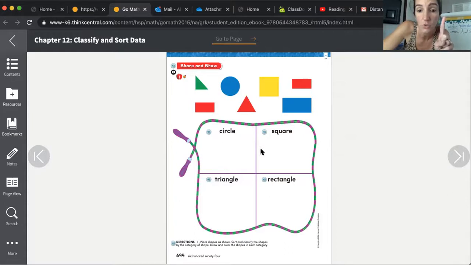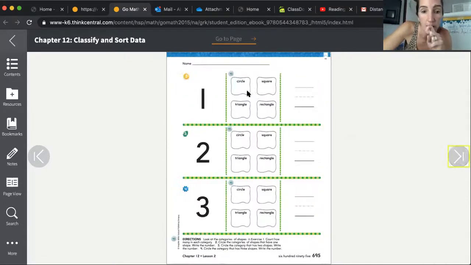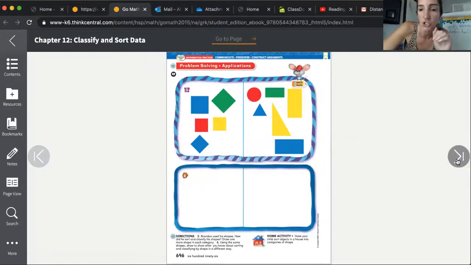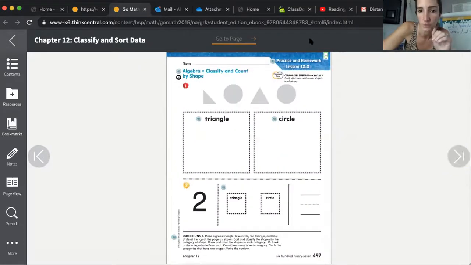So 1 circle, 1 square. So you go back here and you circle circle and square, and there's 2. You would write 2. There's 2 categories that have one shape in it. So you're just separating by shape for 12.2. Okay? So still classifying, separating, dividing. So that's your math.